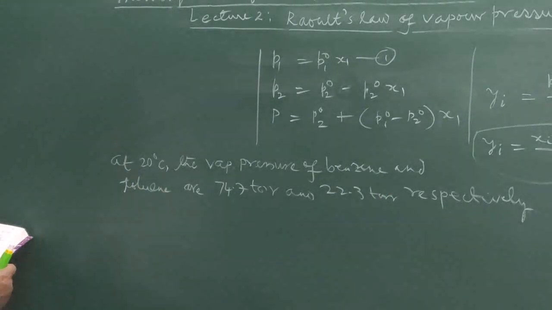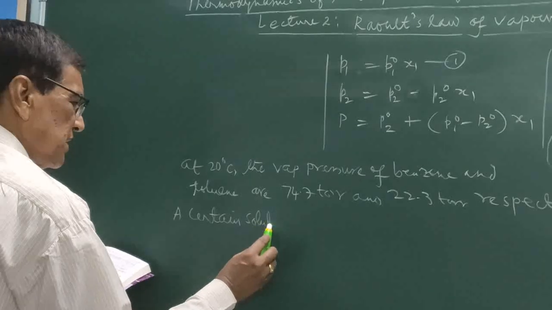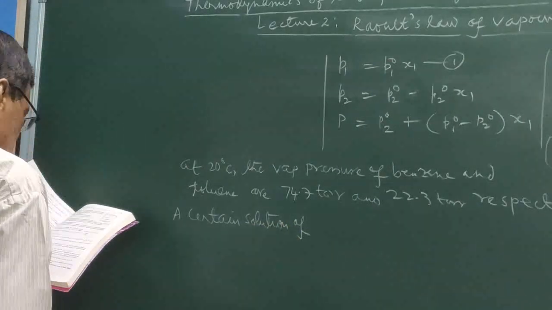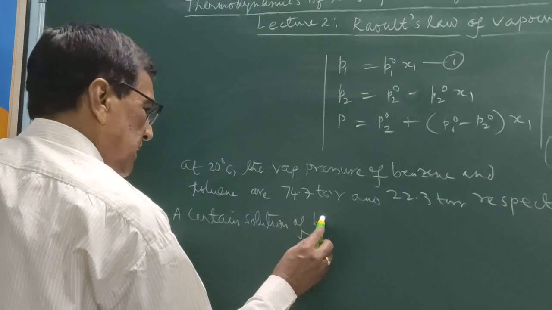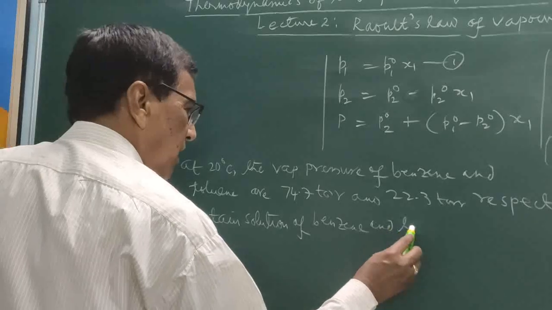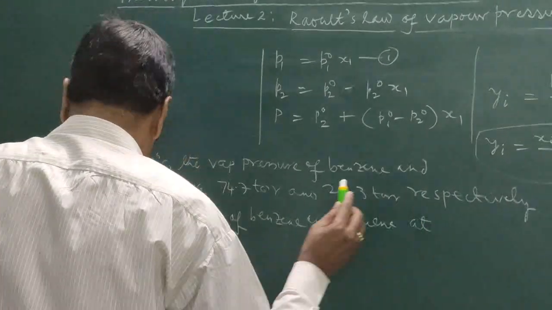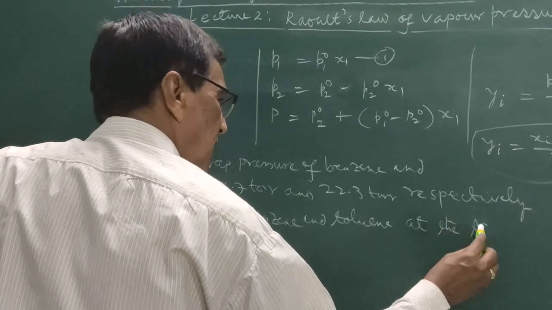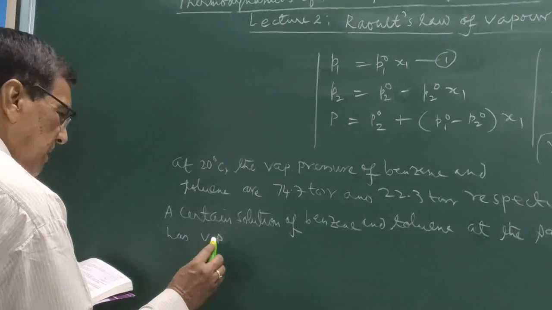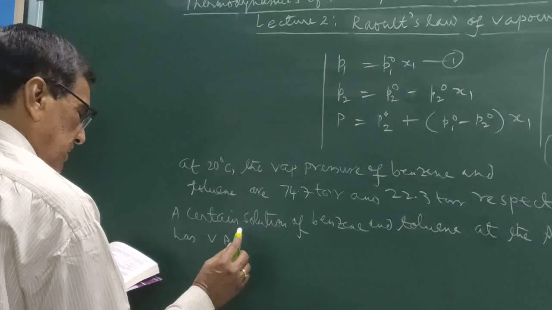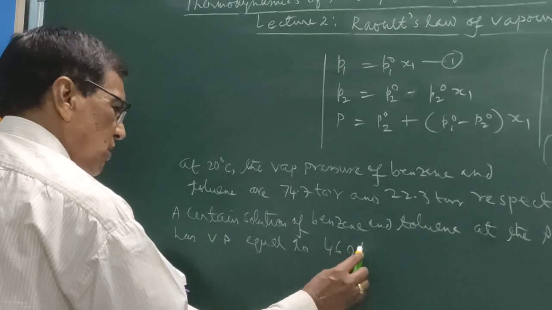And our task is that a certain solution of benzene and toluene at the same temperature has a vapor pressure equal to 46.0 torr.